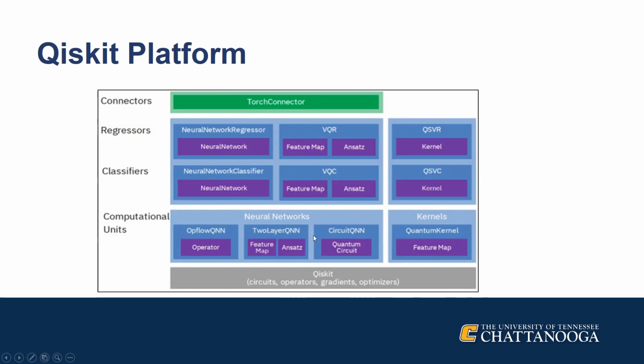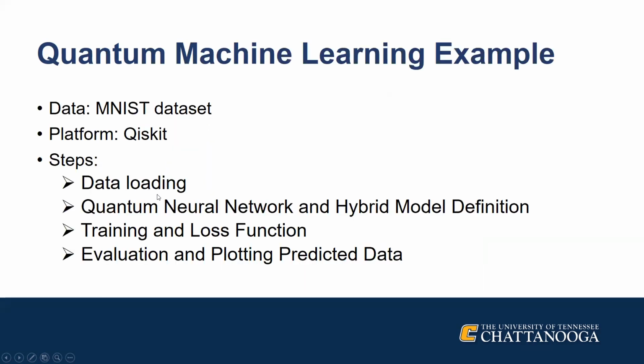These computational units will be used by the regressor and the classifier to implement the algorithm, and that will after that be connected to PyTorch using the Torch Connector. So this is basically our platform for machine learning in Qiskit.